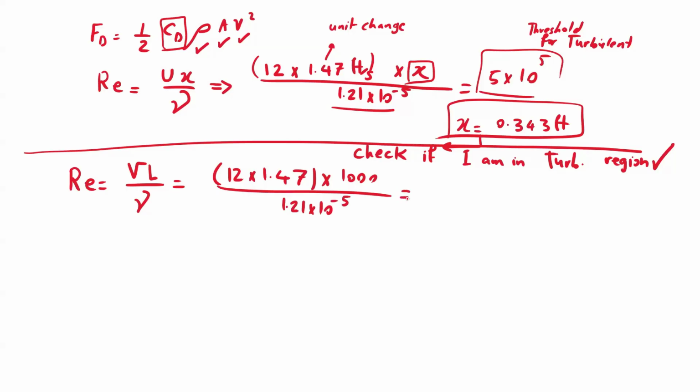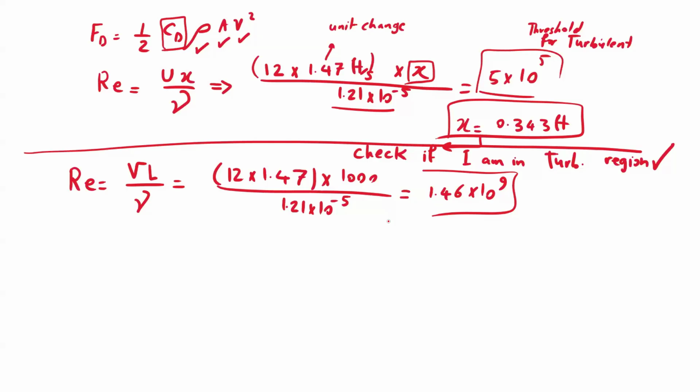And if I find that, I will have this number, which shows that again, I'm in a turbulence. Again, the first part is somehow an extra part. You don't need to do it unless I ask you to check if you are in turbulence. Otherwise, you can assume that you are in turbulent section or region. So the first section, I'm just checking that. Now I have the Reynolds.